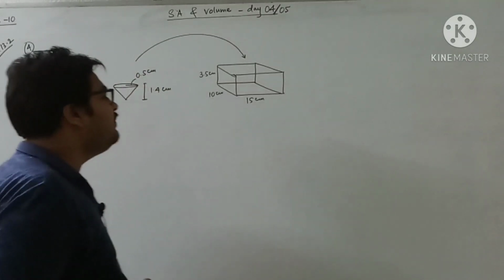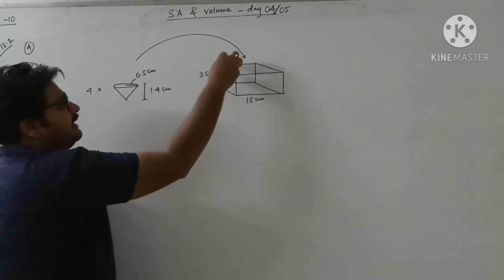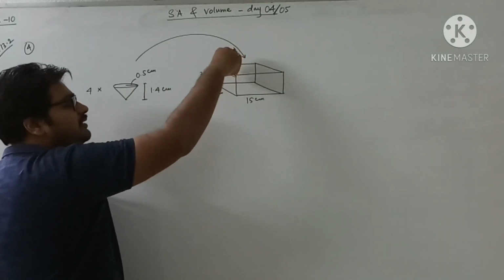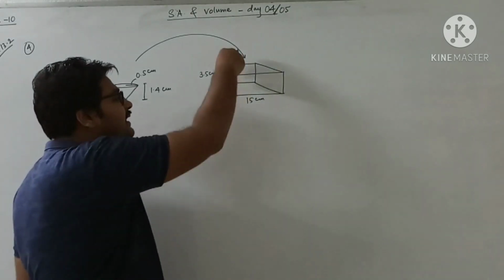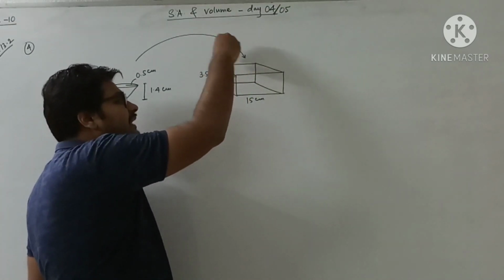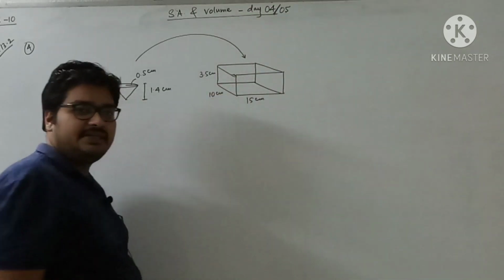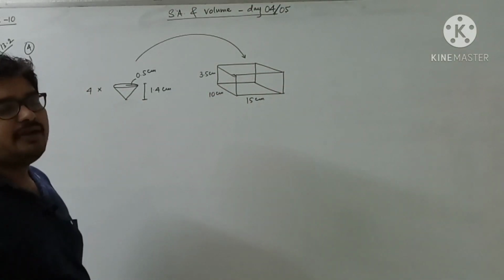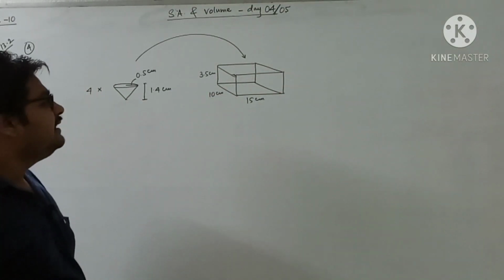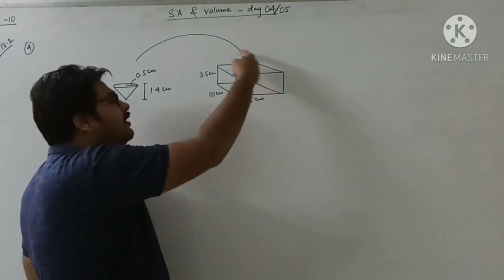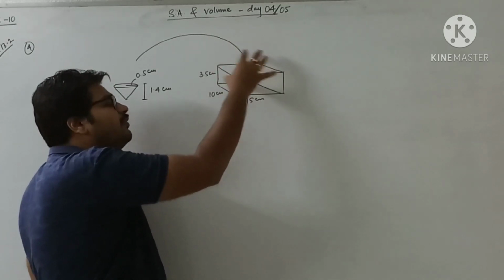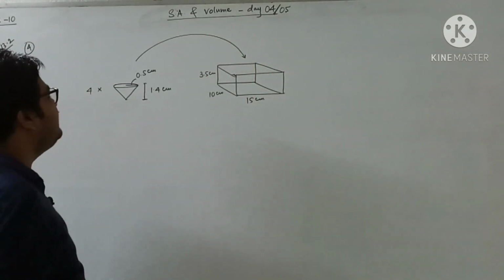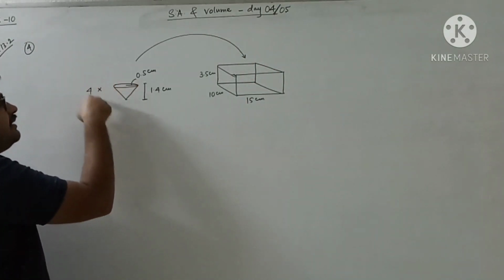The conical depressions are hollowed out of the wood. So to find the volume of the stand, from the volume of the cuboid you have to subtract 4 times the volume of the cone.